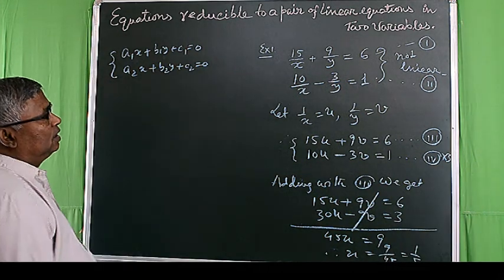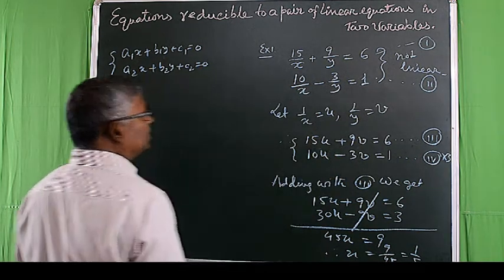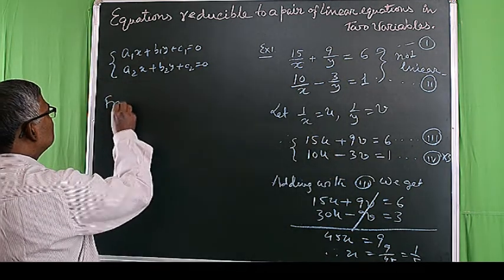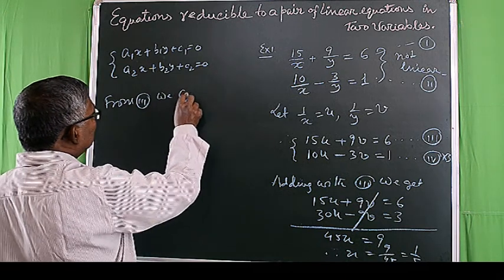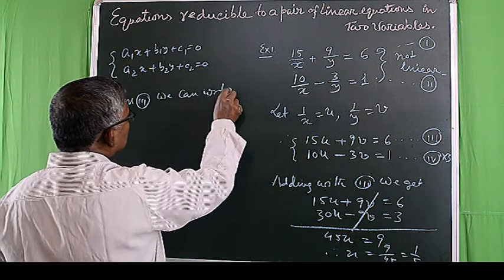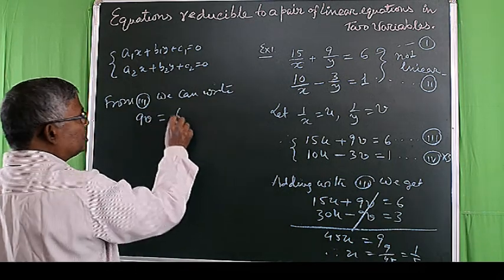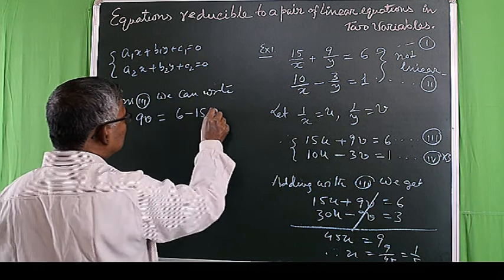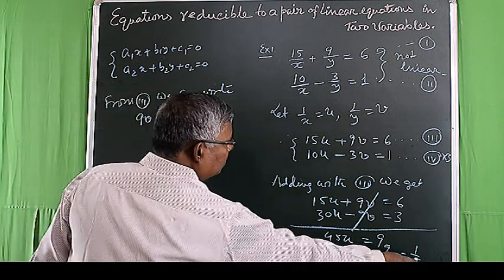Students, let us put the value of u in any of the equations. Suppose from 3 we can write 9v equal to 6 minus 15u, that is 6 minus 15 into 1 by 5.